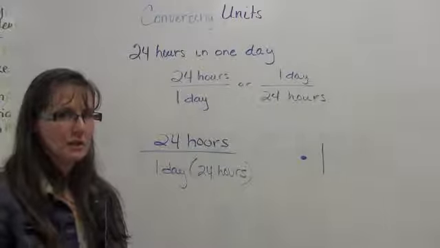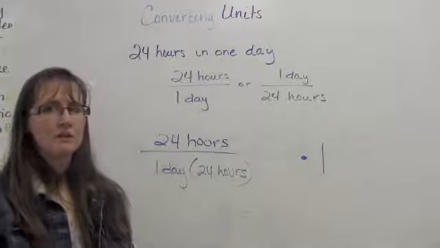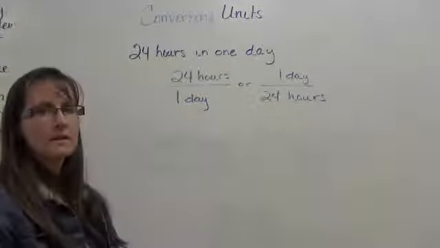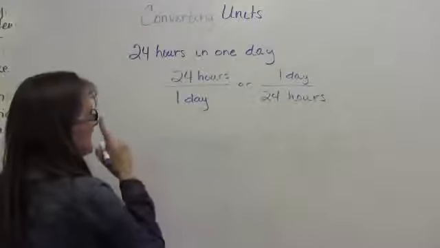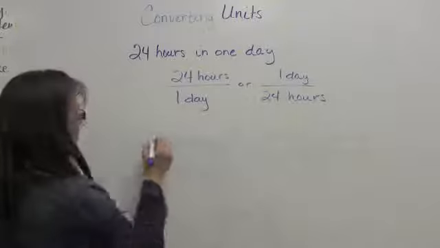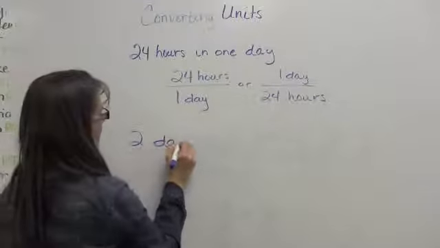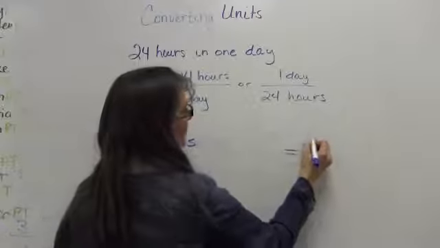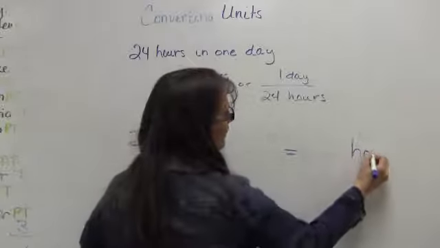All I'm doing is changing the units. I am not changing the value of the original quantity. Okay, so how does this work? Let's say that I want to convert 2 days to hours. I want to know how many hours there are in 2 days.